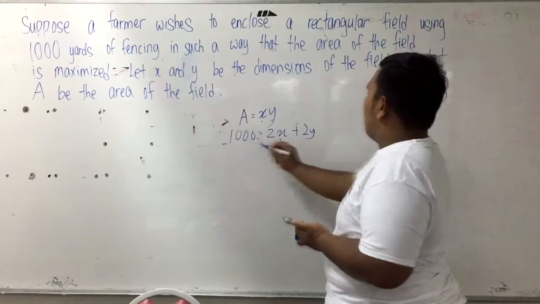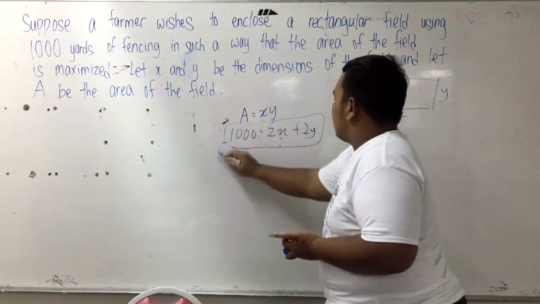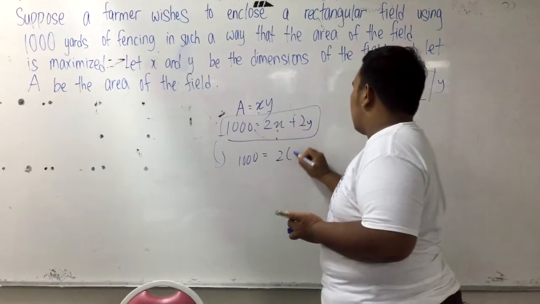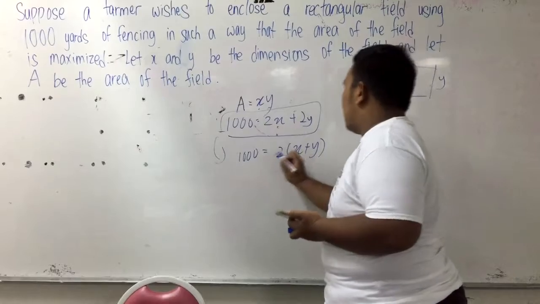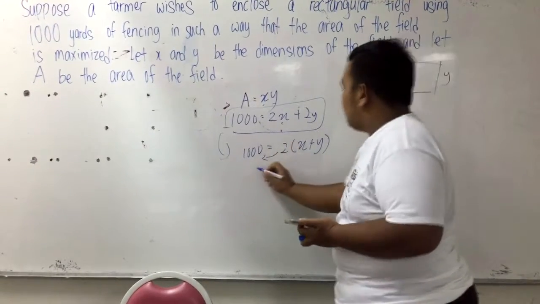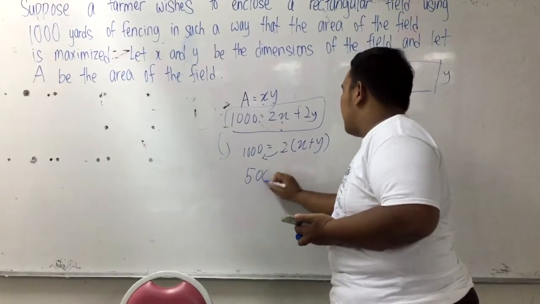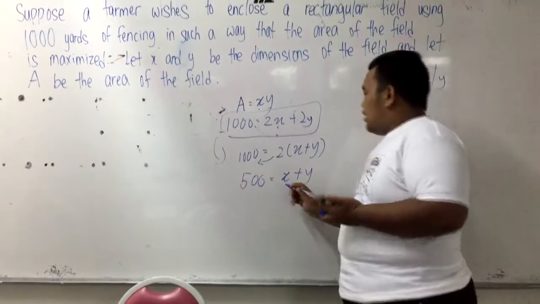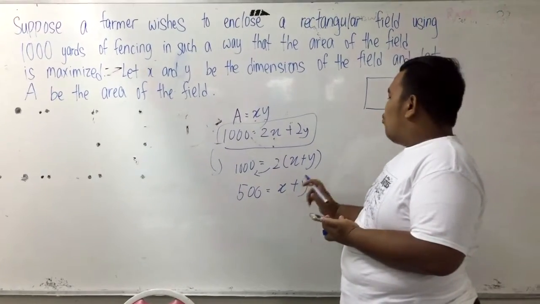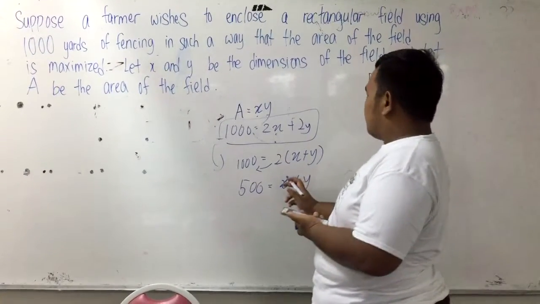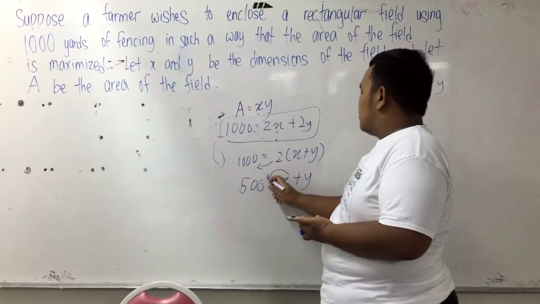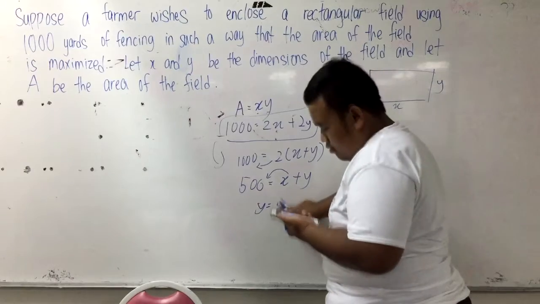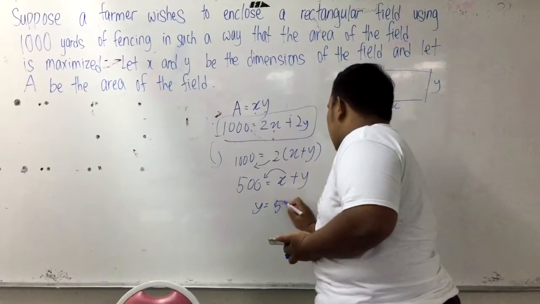So you can simplify it to 1000 equals 2 bracket x plus y, and then we move the 2 over, so it becomes 500 is equal to x plus y. As I said, we want to make it one unknown only, so we move x over and y is equal to 500 minus x.